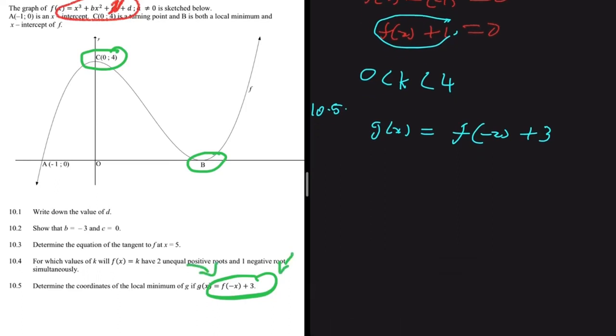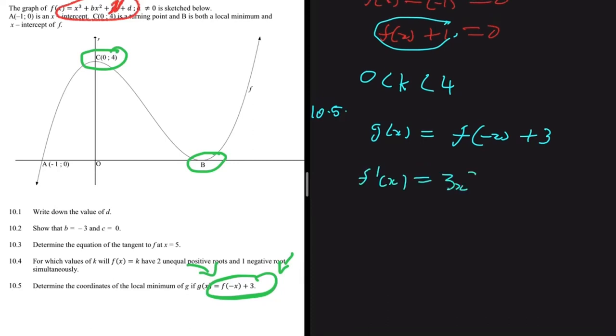So let's go ahead and find the coordinates of B. How do we find the coordinates of B? B is the turning point, so the gradient there is 0, right? So we can say f prime x equals 3x squared minus 6x equals 0. That's what happens at the local maximum and minimum.